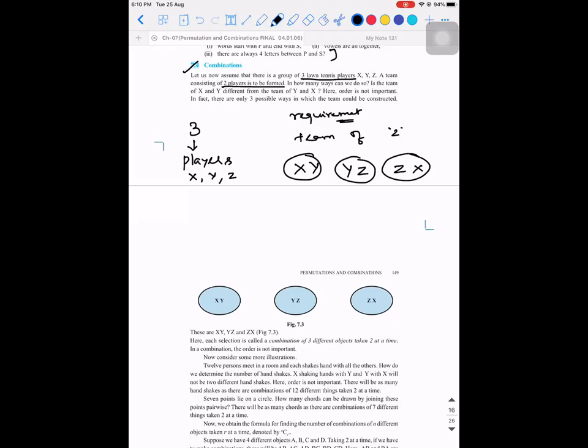In this case, does XY and YX make a difference? No, sir. Right? So here, what is not important? Order. When you talk about combination, what did you do? You actually formed a team. You selected a few people, and you put them in a team.